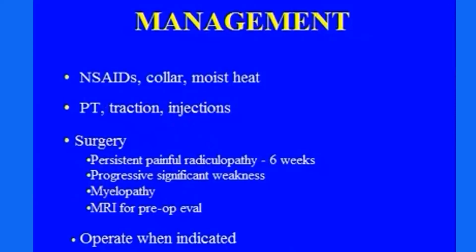MRI for pre-op evaluation is indicated in all cases. We don't do an MRI early in patients that we're treating conservatively. In the States, we even don't do X-rays. We wait for 6 weeks to have a plain X-ray.